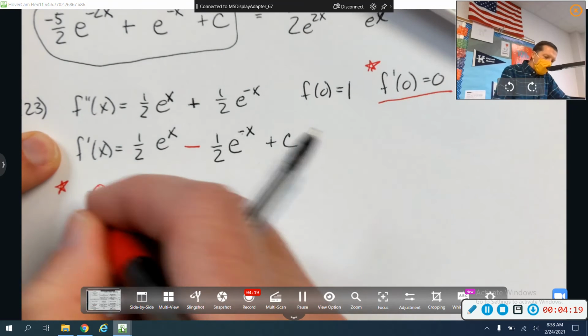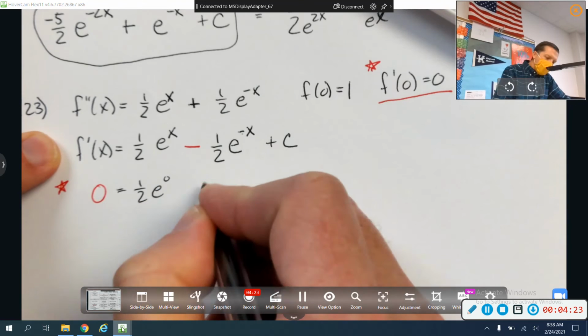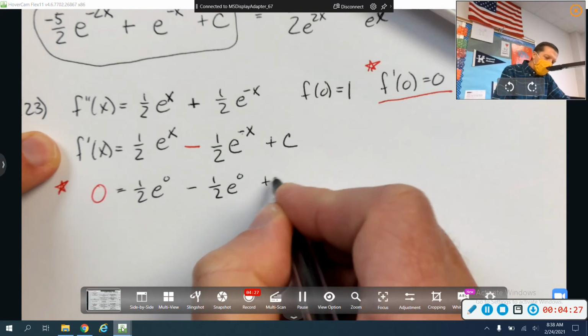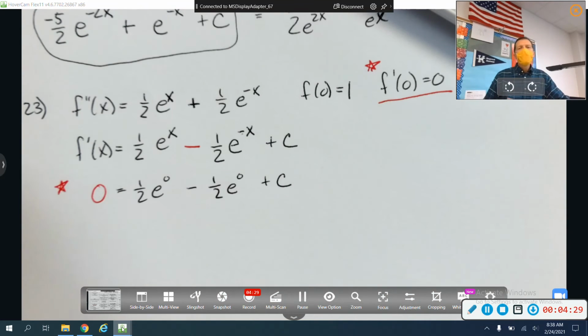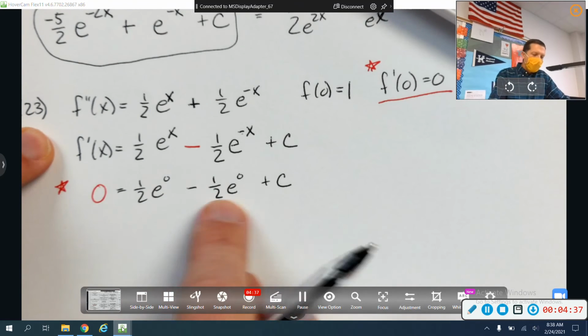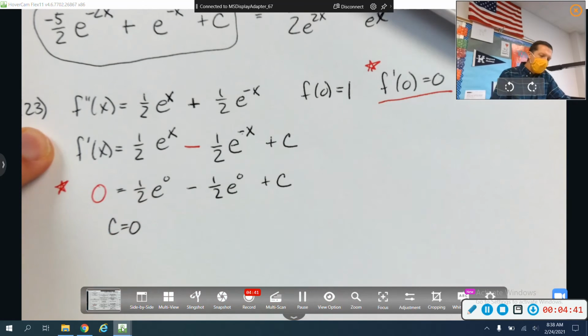So 0 equals 1/2 e to the 0 minus 1/2 e to the 0 plus c. They made that convenient for us. Even if you don't know what e to the 0 is, 1/2 e to the 0 minus 1/2 e to the 0 goes away, and we get c equals 0, which is super nice.